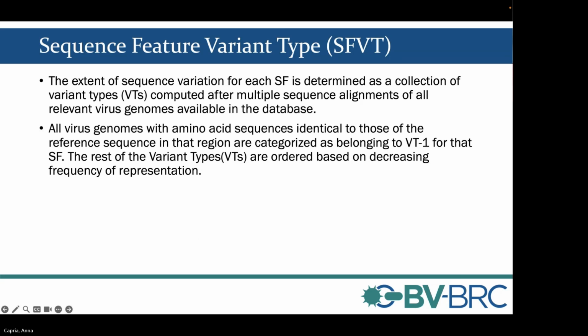When we define the variant types, the amino acid sequence that is identical to that reference sequence is always defined as variant type 1, so that belongs to the VT1 category. And the rest of the variant types are allocated a variant type number based on frequency, like how many proteins are there in that category. You will understand it more when we look at the data itself.